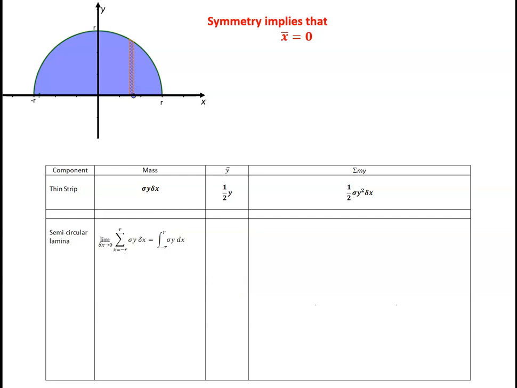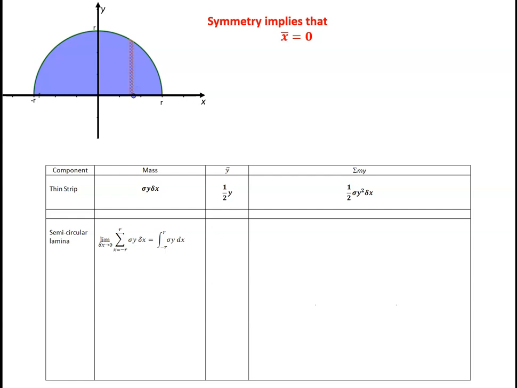But in your work for Unit 4, you will have seen that a limit of a sum like this can be rewritten simply as an integral. So the limit as delta x tends to 0 of the sum between x equals minus r and x equals r of the sigma y delta x's will become the integral between minus r and r of sigma y with respect to x.